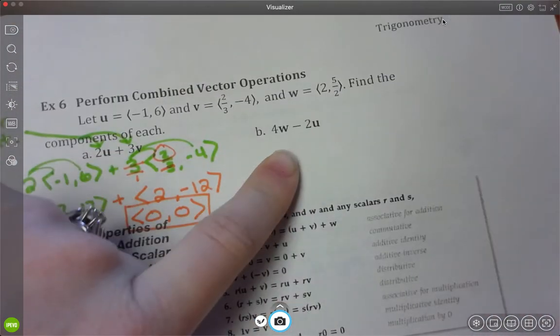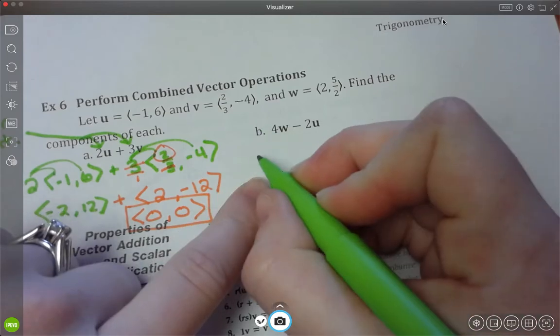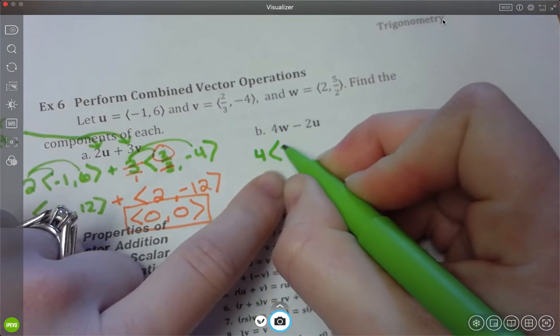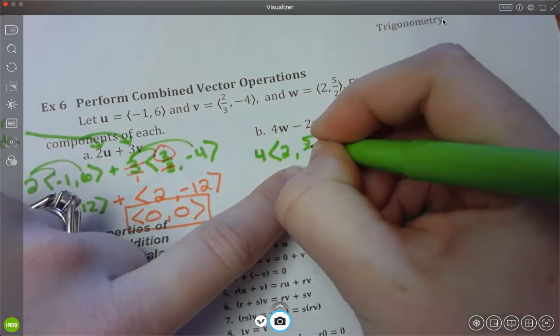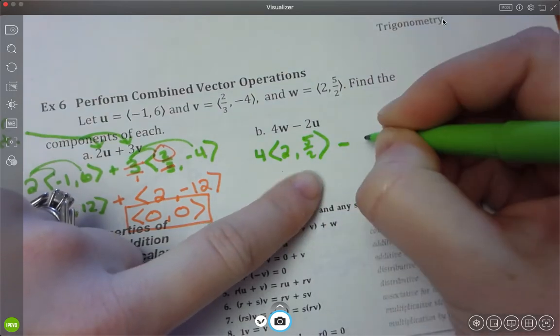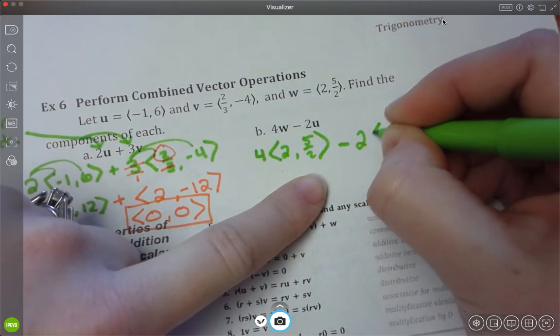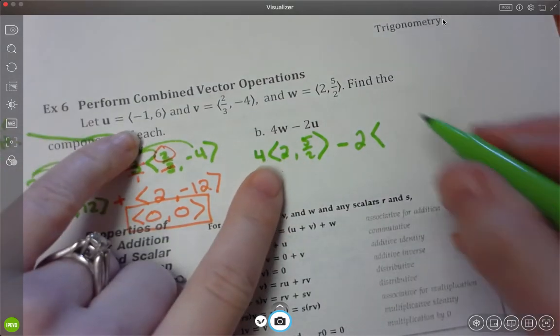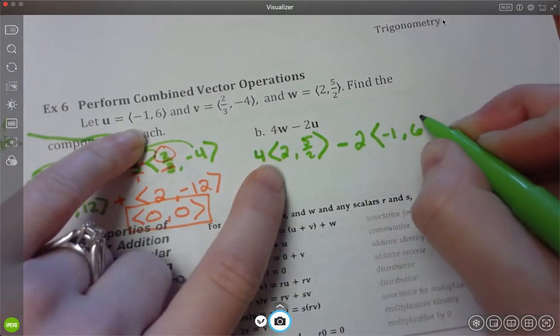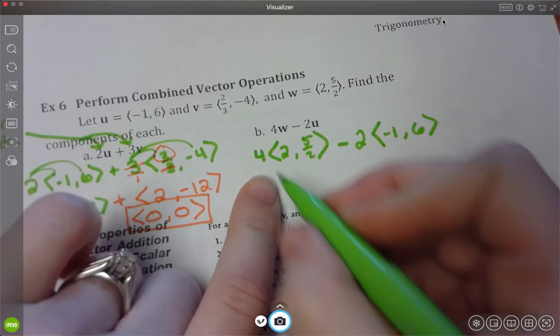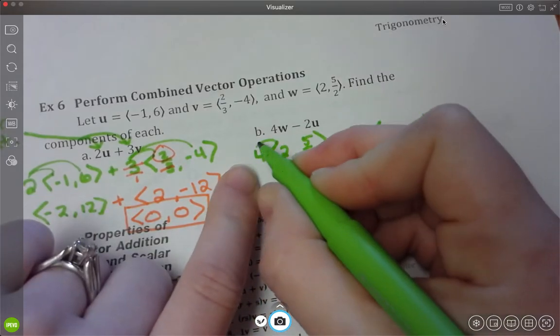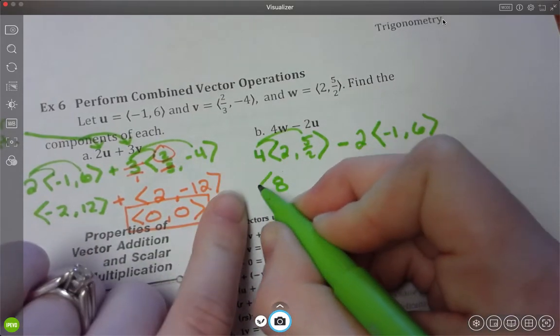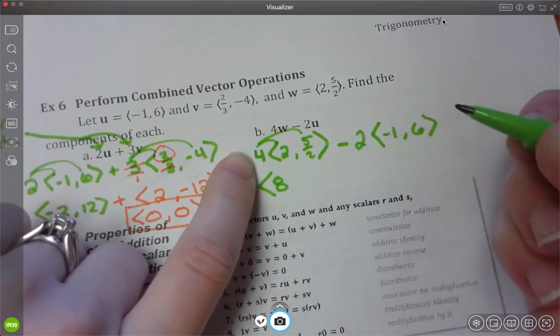Same thing if I write him out. So I want 4w, and w is 2 comma 5 halves, okay, minus 2, and I have u, which is negative 1 comma 6. Okay, so I write all that out, and then I distribute. So 4 times 2 is 8, and 4 times 5 halves, okay.